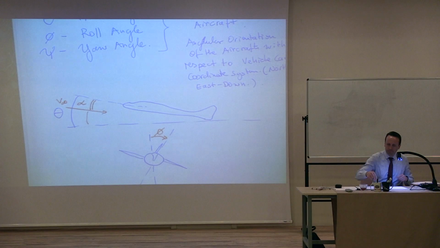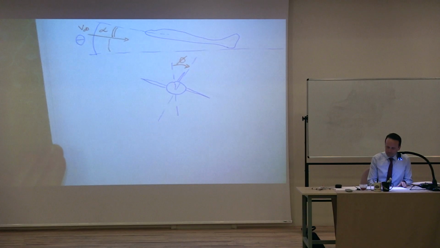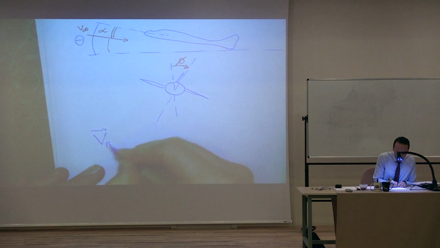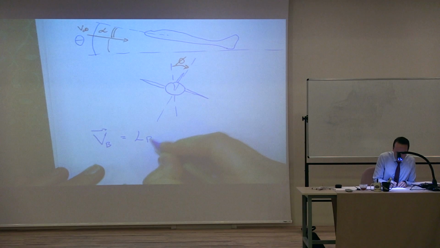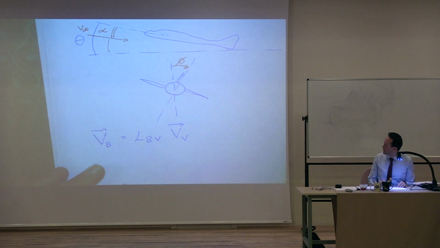Okay, so here we are now. Then we can write any vector in the body-fixed system that could be written from the vehicle, which is written in the vehicle-carried coordinate system.